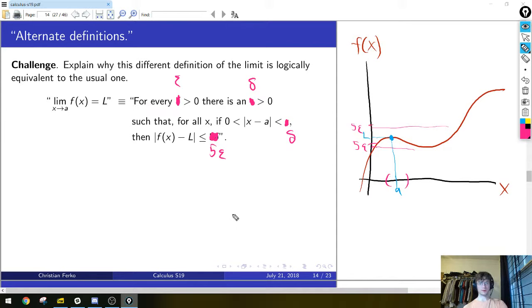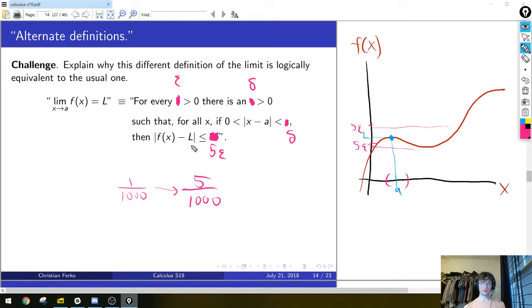In particular, suppose I wanted to pick a delta to guarantee that the output was within 1/1000th of the value L. With this new definition, I would make my epsilon be 1/1000th, and then this definition would tell me that your output will be within 5/1000ths of the target value.